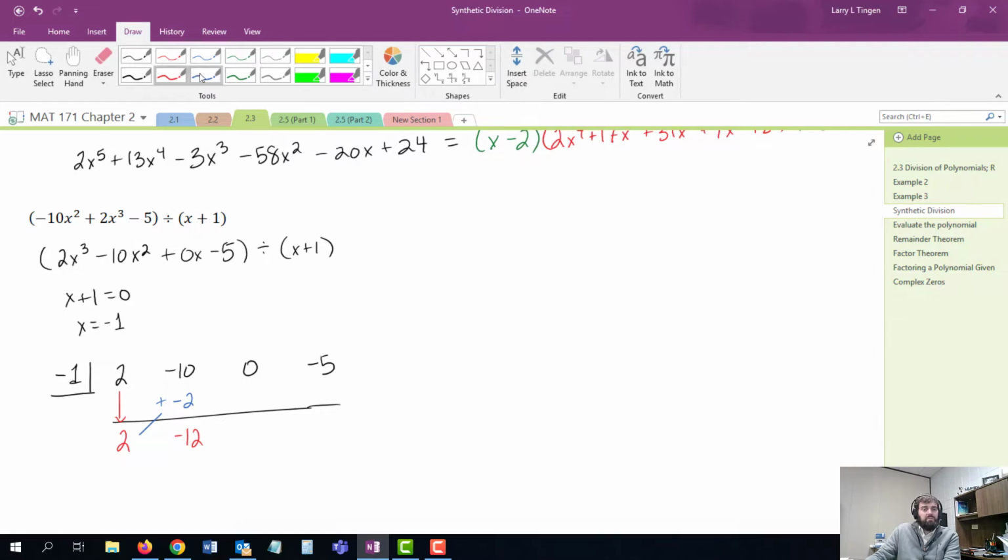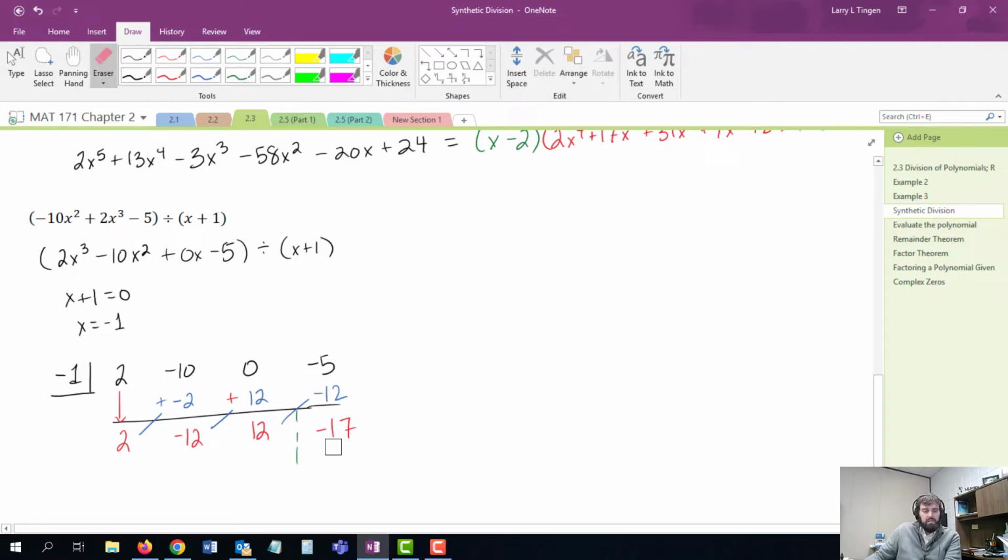Negative 12. Negative 12 times negative 1 is 12. 0 plus 12 is 12. Negative 1 times 12 is negative 12. Negative 5 plus negative 12 is negative 17.